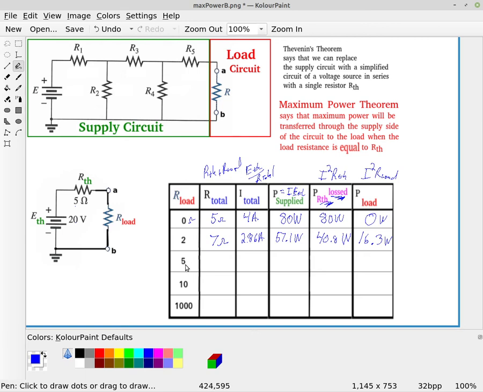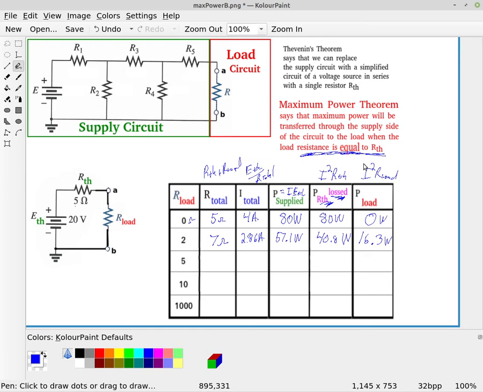All right, so now let's take the case where our load is equal to 5 ohms. Now remember that R Thevenin was given as 5 ohms. And now I'm going to say let's use a load where these are equal. If we come back up here and remember, according to the power theorem, this is when we should get maximum power.